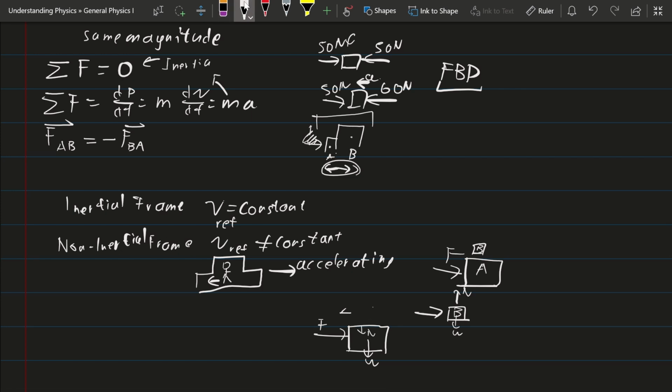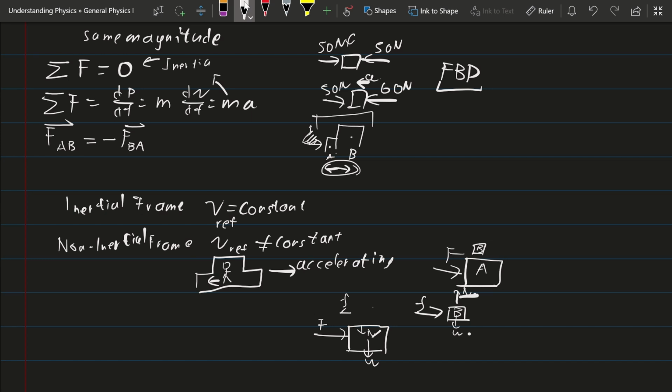Well, you might think that the weight and the normal force should be the action-reaction pair because they have the same magnitude and go in different directions. Well, that is not the case. In fact, the action-reaction pair for weight corresponds to the Earth interacting with the object, and this is one of the key things that you need to always remember. And so this normal pairs up with that one, and this friction here comes from this friction as well.